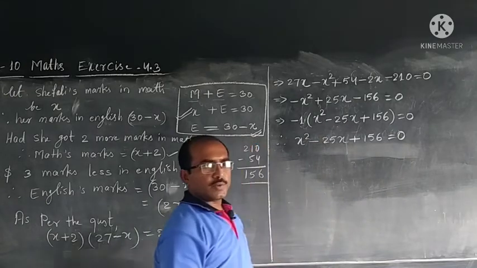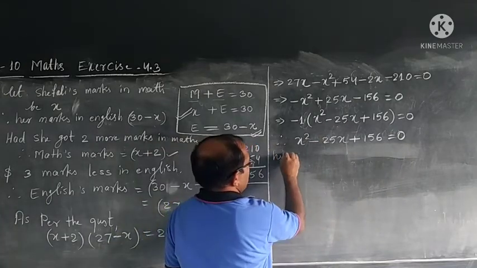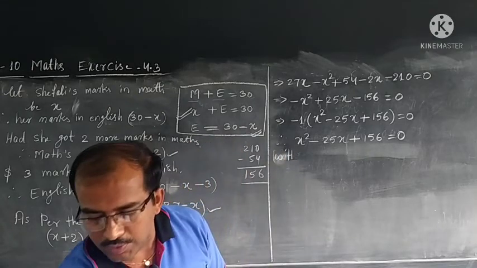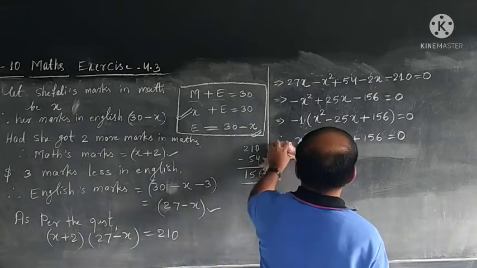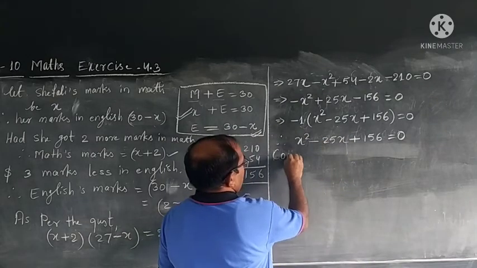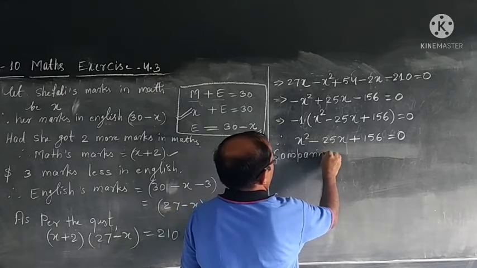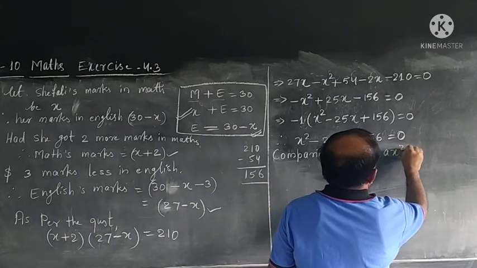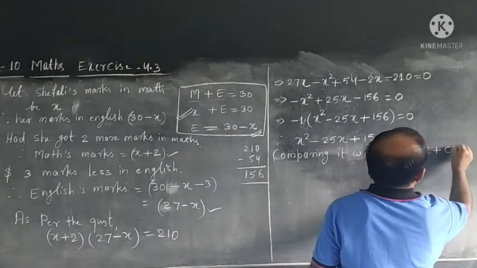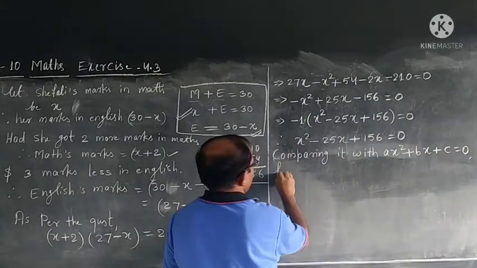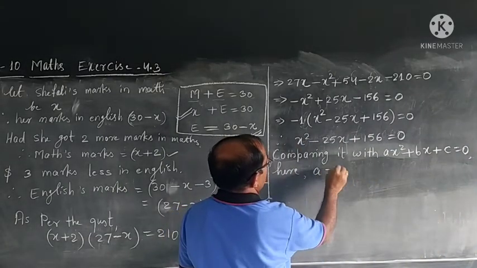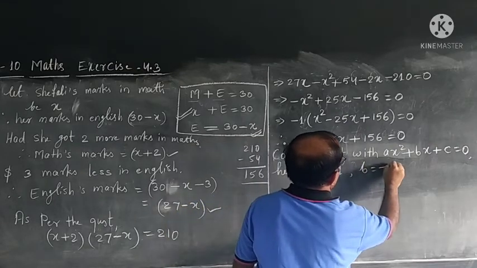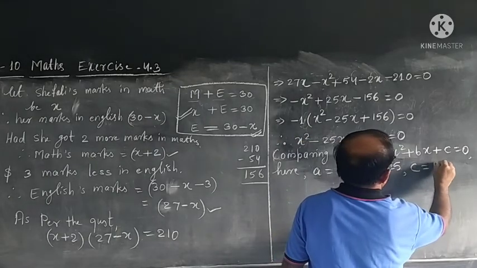Now, use the quadratic formula, simple work here, comparing it with ax square plus bx plus c equal to 0. We get here a is the coefficient of x square, 1, b minus 25 and c 156.